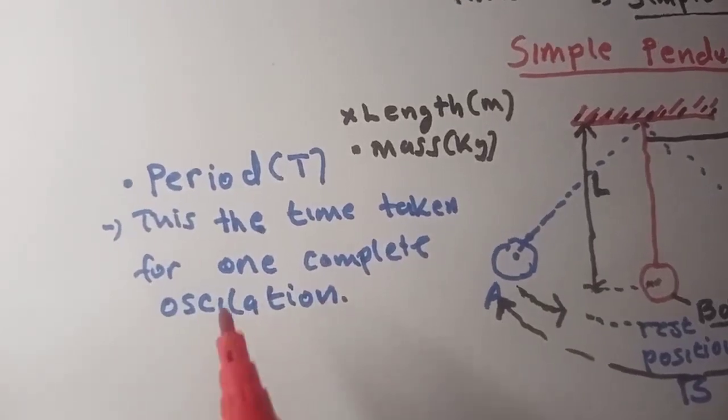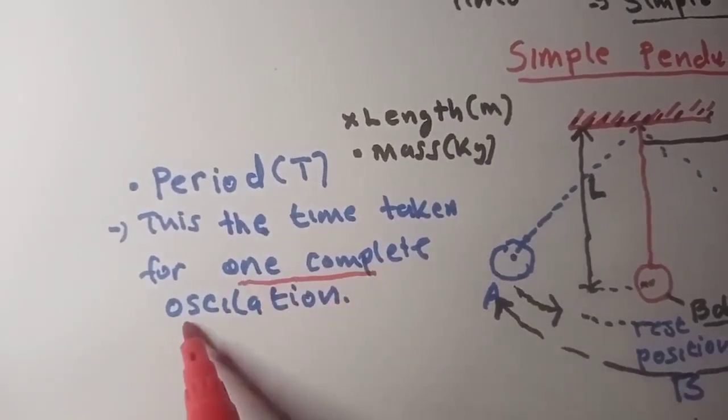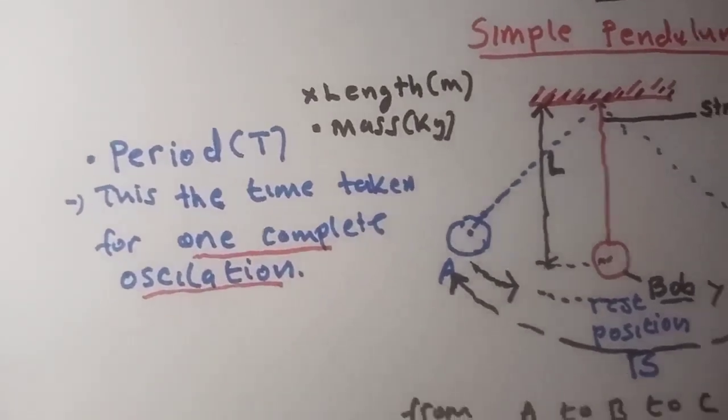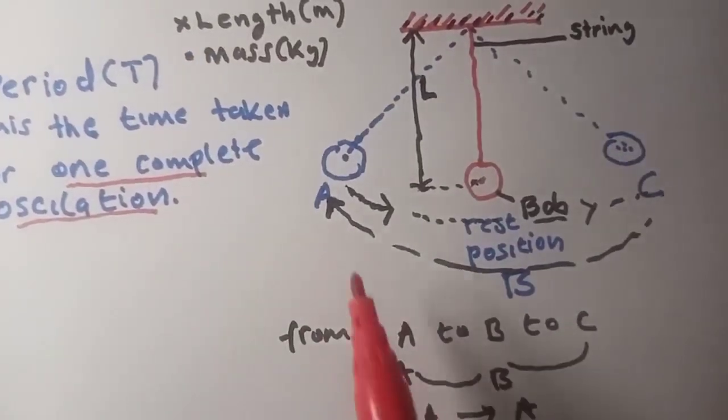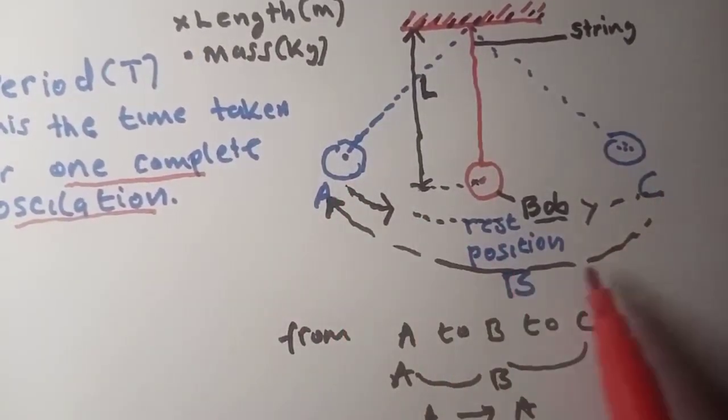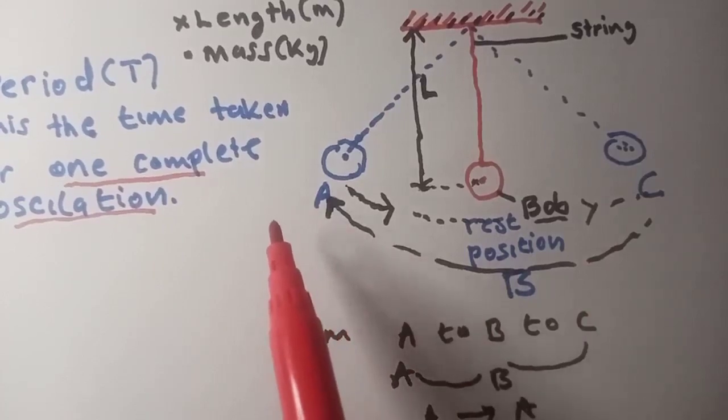Now the question is, what is one complete oscillation? One complete oscillation is what we are discussing here. When the bulb moves from A to C and back to A, we call this a complete oscillation.